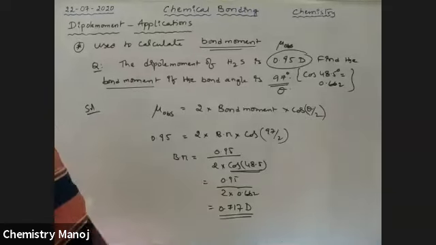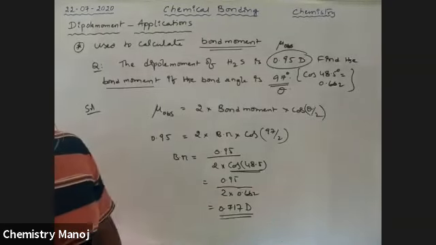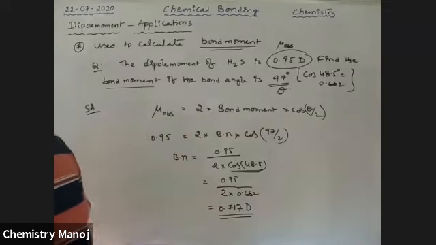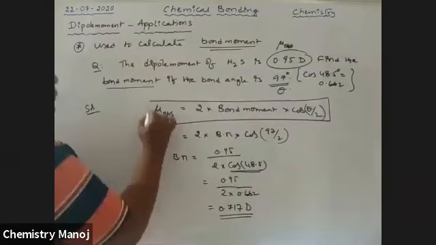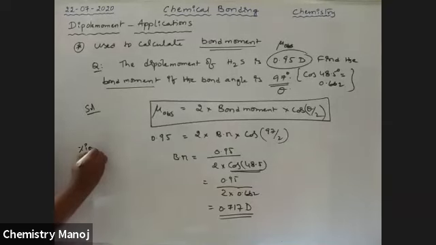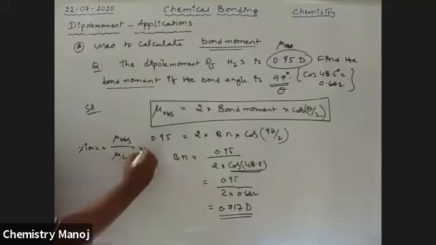So these two formulas, bond moment and percentage ionic character, are repeatedly asked. This is very, very important. Mu observed is equal to 2 into bond moment into cos theta by 2. Similarly, percentage ionic nature is equal to mu observed by mu calculated into 100.